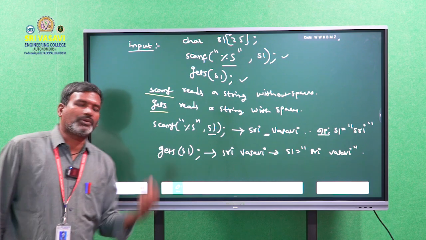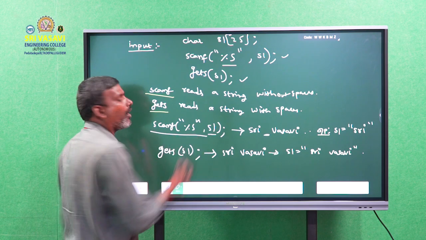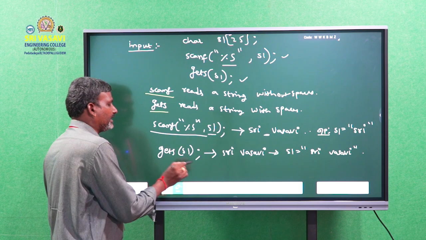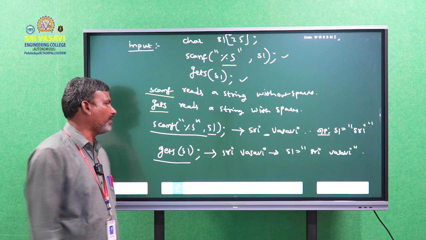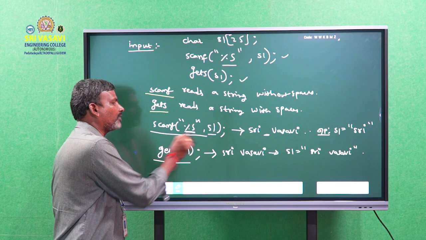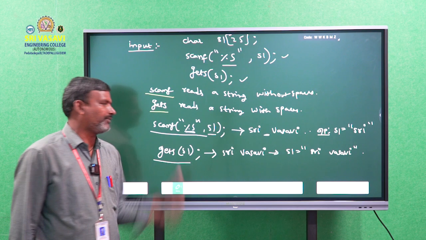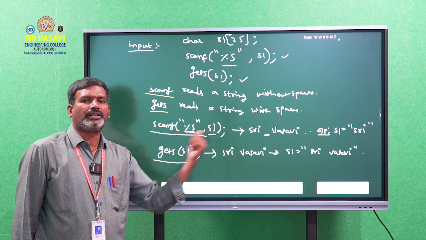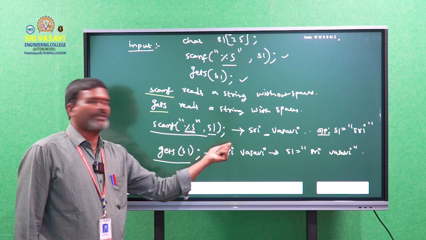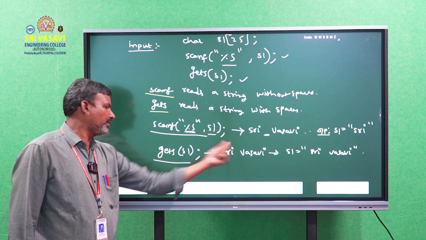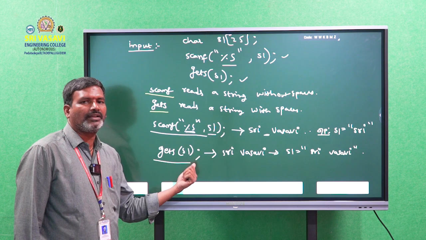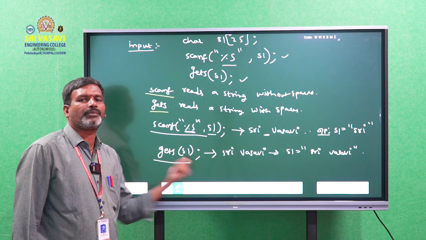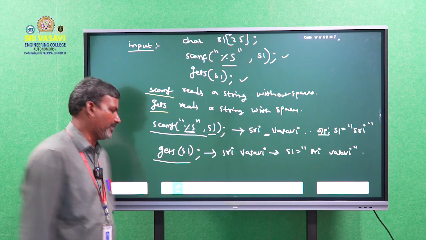Also, scanf is a formatted input statement and gets is an unformatted input statement. Why? Because scanf uses a format specifier, it is a formatted input statement, and gets does not use any format specifier, so it is an unformatted input statement.